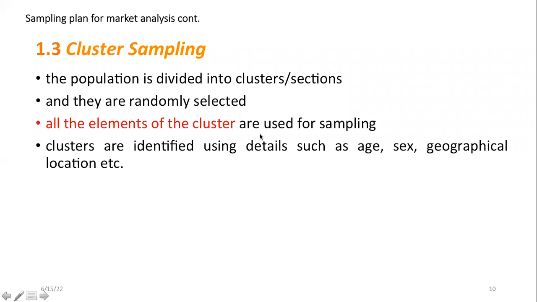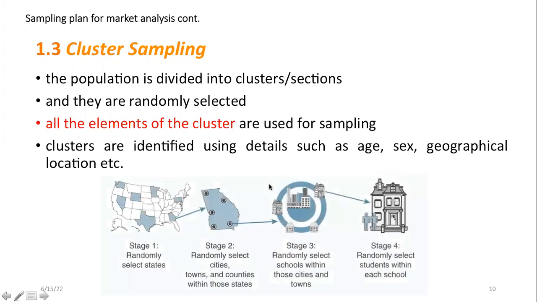Okay, cluster sampling. Here we have different clusters, right? In this example you can see a country. Then we randomly select some cities or towns from this population, and randomly select schools within the cities, and finally students.